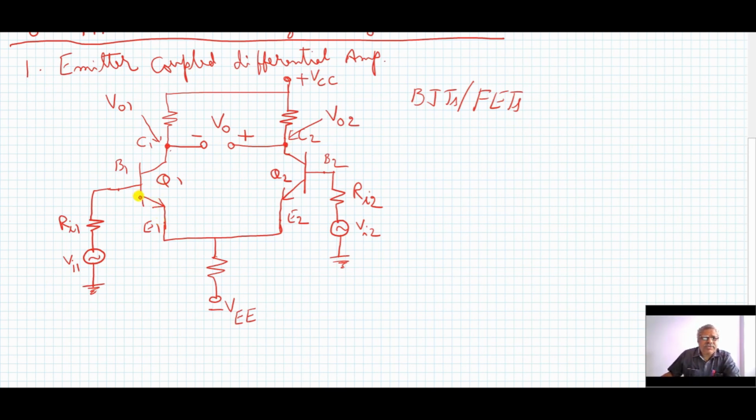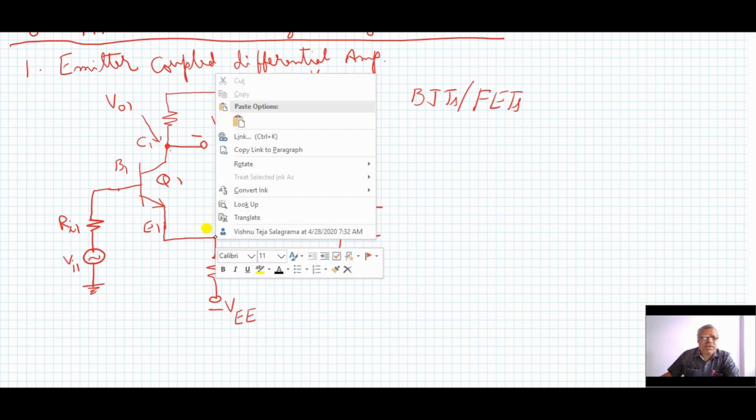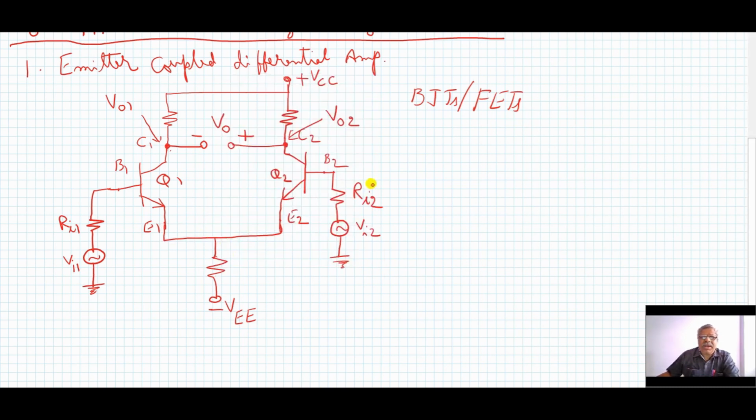If you observe carefully here, the two emitters of both transistors are connected together. That's why this circuit is called as emitter coupled amplifier. And the output of this circuit V0 is equal to V02 minus V01. V0 is the potential difference between V02 and V01.